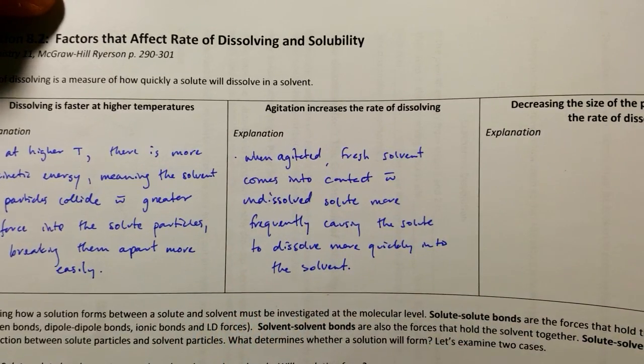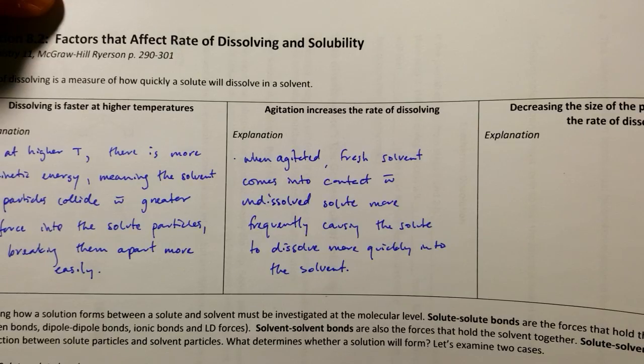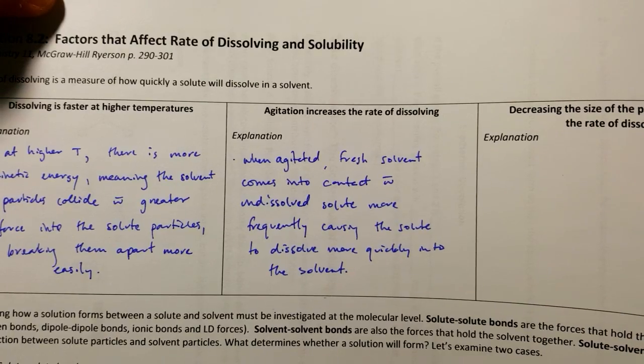So just to recap, when we stir, solvent that hasn't yet contacted undissolved solute will make contact with that solute, break it apart, and pull the solute into the solution. So stirring is going to speed it up.